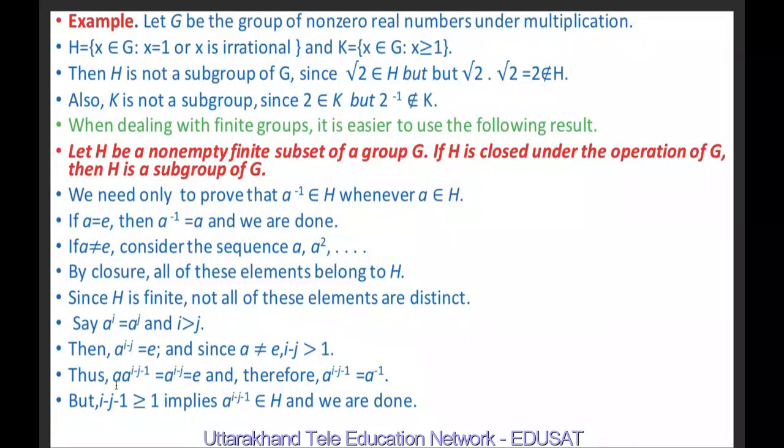thus A times A^(i-j-1) is equal to A^(i-j), which is equal to E, and therefore A raised to power i minus j minus 1 is equal to A inverse, because A times A^(i-j-1) is A raised to power i minus j, and we have proved it to be E. So it means this element is the inverse of A. But i minus j minus 1 is greater than or equal to 1.